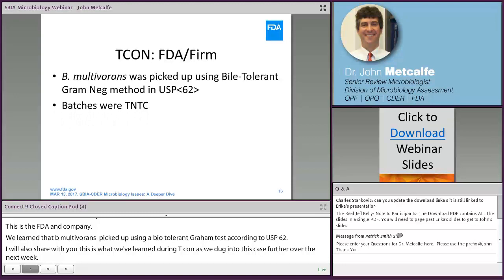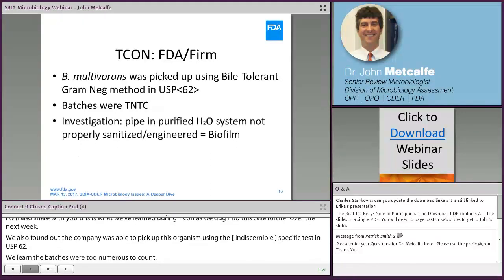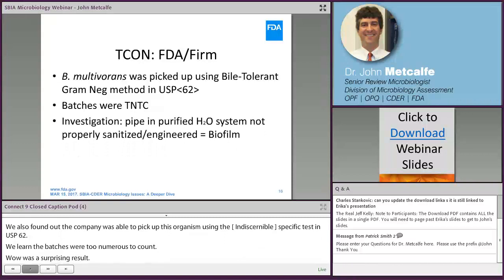We learned that the batches were too numerous to count. Wow, that was a surprising result. That's a lot. We learned that the firm had already performed an investigation.